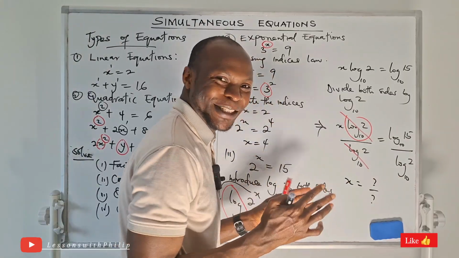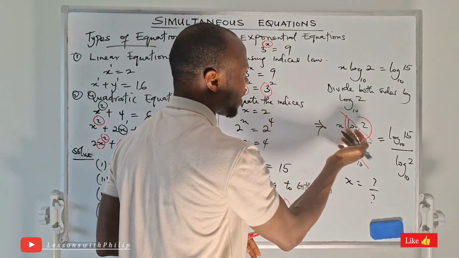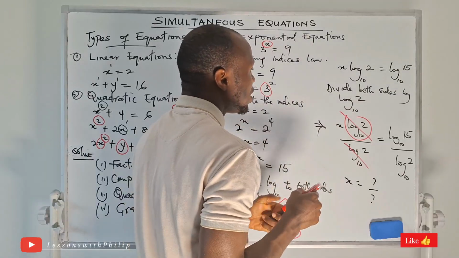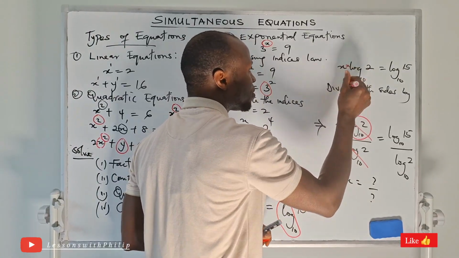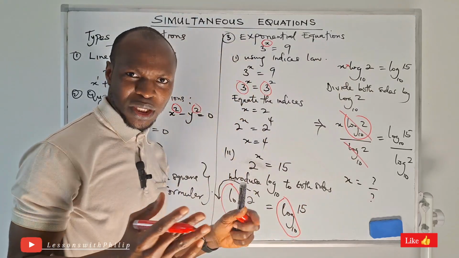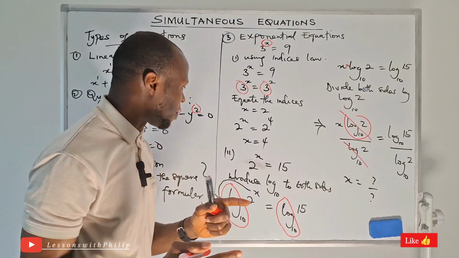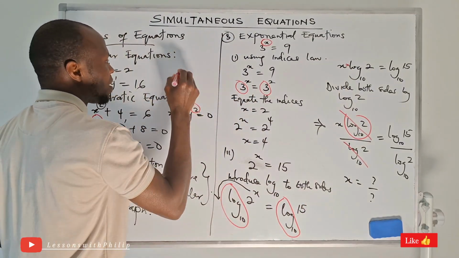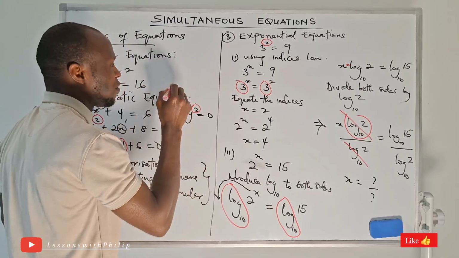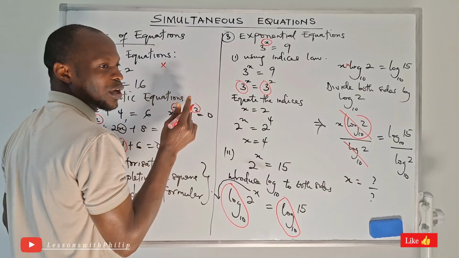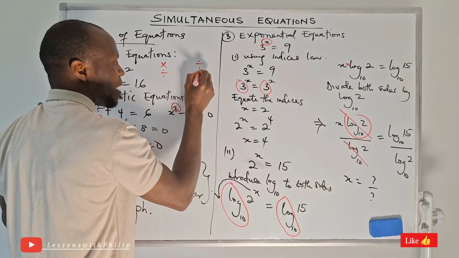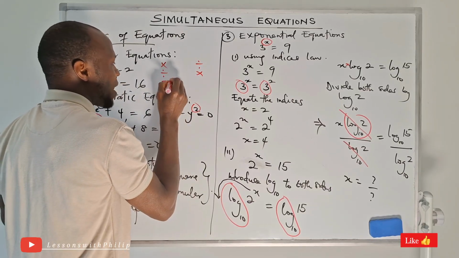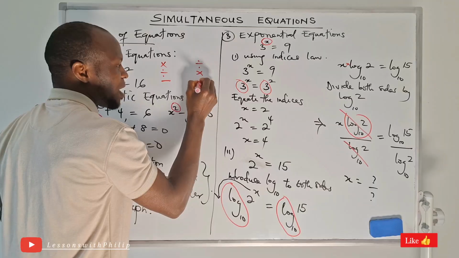Okay, that's the way. Somebody may ask, how did I divide? Because this x is linked to this log 2 by multiplication. Don't forget when we treated the change of base formula, I said if a number is linked to another number by multiplication, the only way you can separate them is by division. When they are linked by division, you separate them by multiplication. If they are linked by subtraction, you separate them by addition.